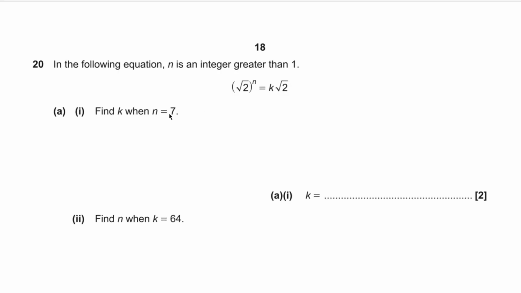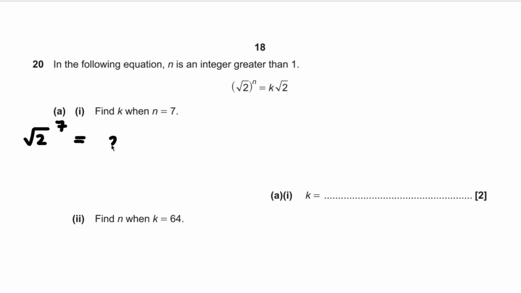Question number 20. In the following equation, n is an integer greater than 1. For part A, for the first part, we have to find k when n is 7. So, when n is 7, we have square root 2 to the power of 7.